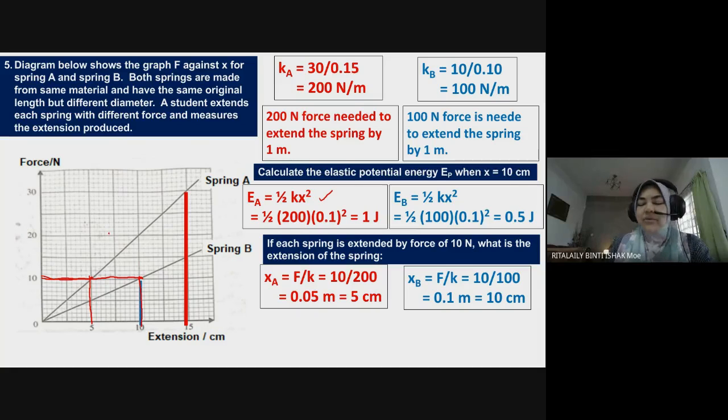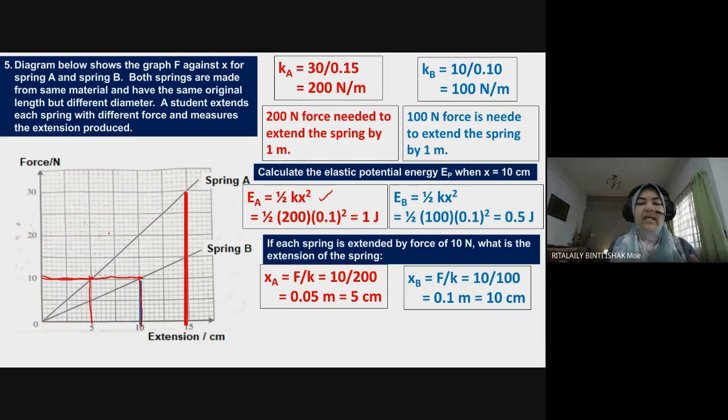Any method can. If you don't want to use the graph, also can. You can use Fx. But if the question states refer to the graph, what is the extension of the spring if the force is 10 Newton? Don't use calculation. You must extrapolate from the graph. Understand? Okay.